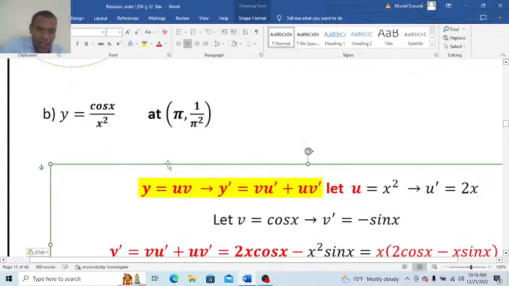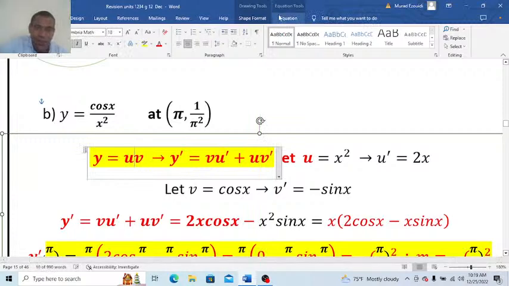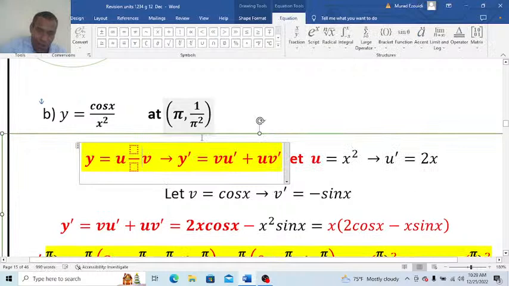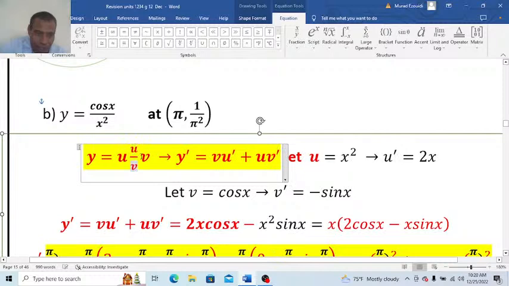I will now make u divided by v, using the quotient rule, this is u over v. Then I will erase what is not needed.